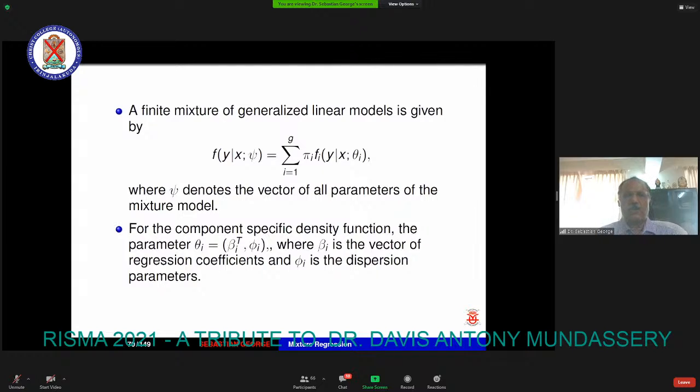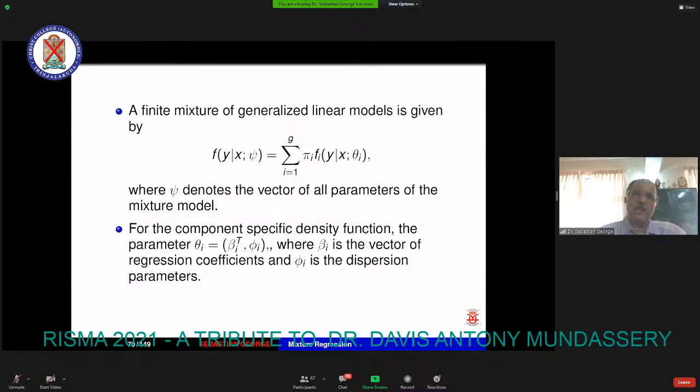Instead of that, in this general problem, the conditional probability density function is a mixture of conditional densities. If you take the mean of this mixture, then of course the mean will be a convex combination of regression equations. And if it is normal, then of course these regression functions will be linear, so you'll be getting a convex combination of linear functions.